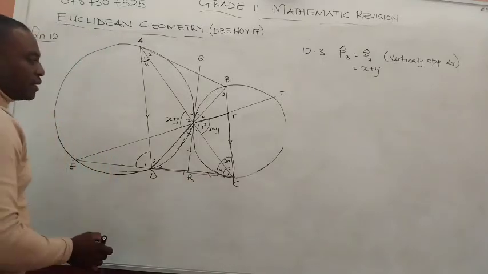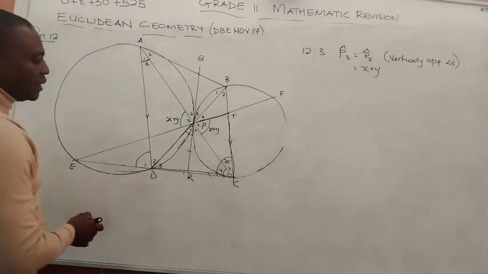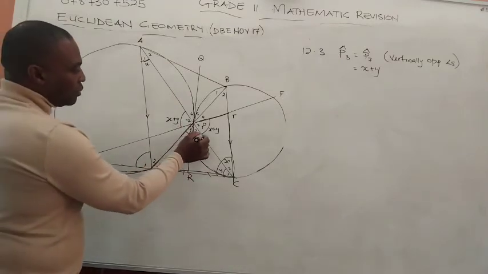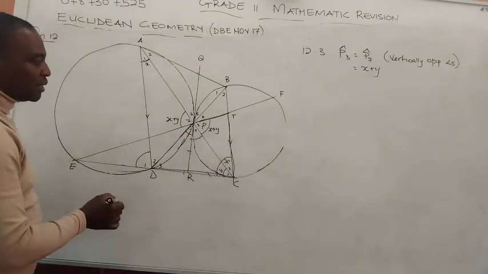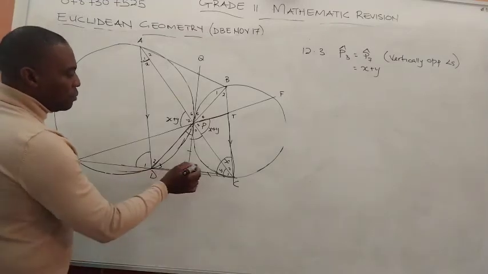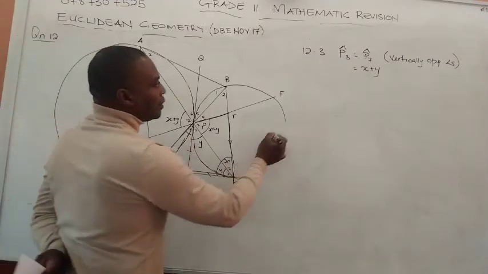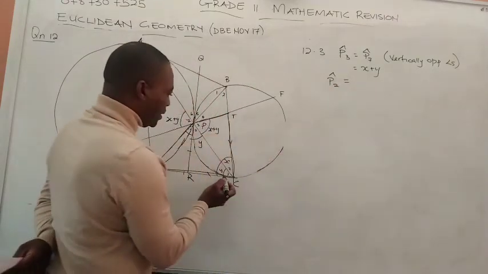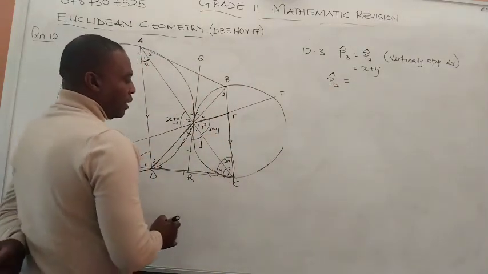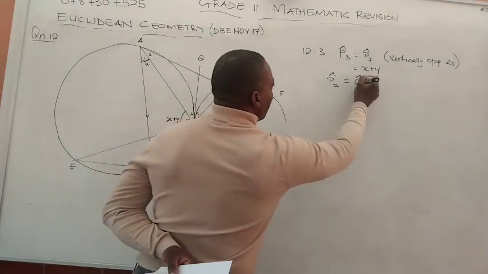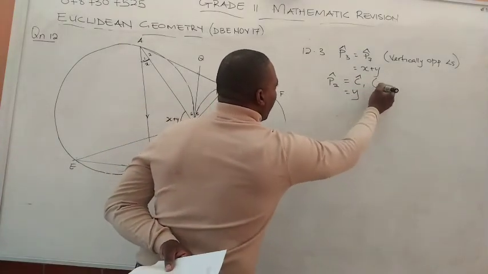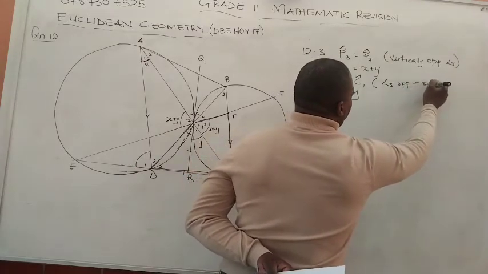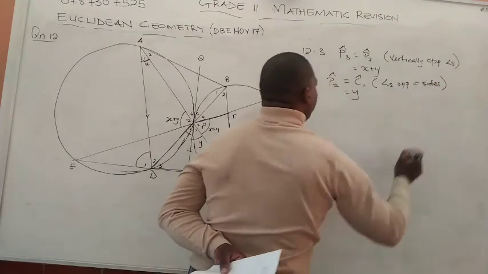So these tangents are equal, and that creates an isosceles triangle. So it means we are able to find the size of P2. P2 will be y. So we have to write that down. Angle P2 is equal to angle C1, which will be equal to y. These are angles opposite equal sides.